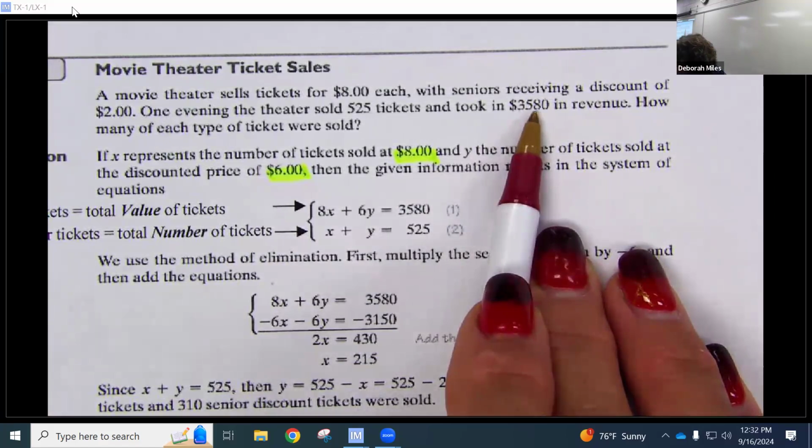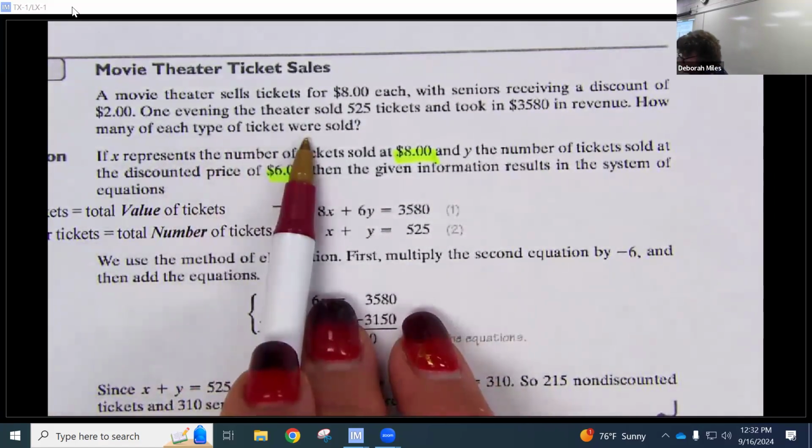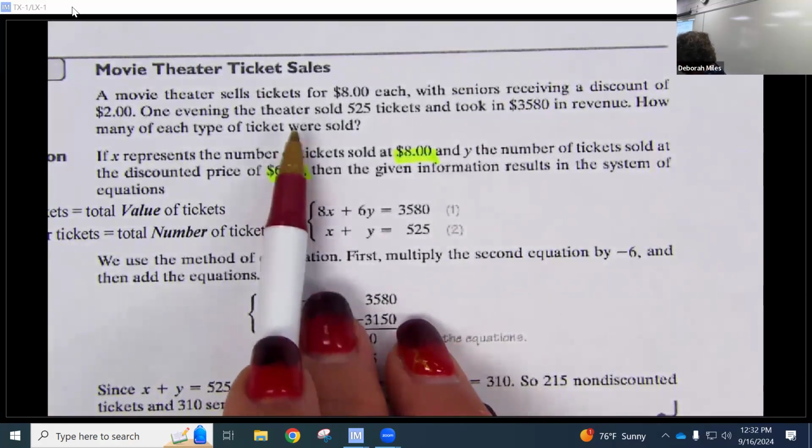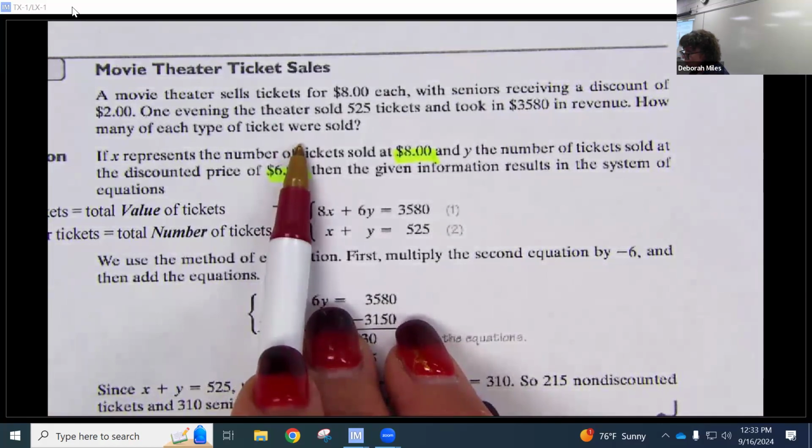The question is, how many of each type of ticket were sold? Well, you're looking for two things. It makes sense to use two variables. That's why we would use two variables. We're looking for two things. So let one of the things be X and let one of the things be Y.